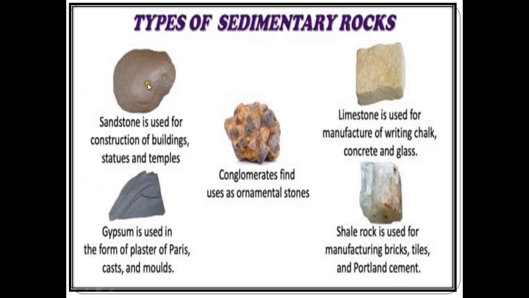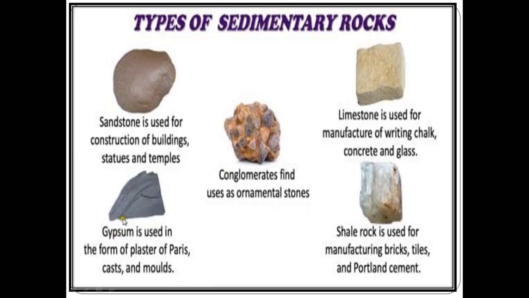So sandstone, conglomerate and shale rock are one kind of rock, formed when layers of sediment were compacted and cemented together, forming a new rock. So these are the different kinds of sedimentary rock.